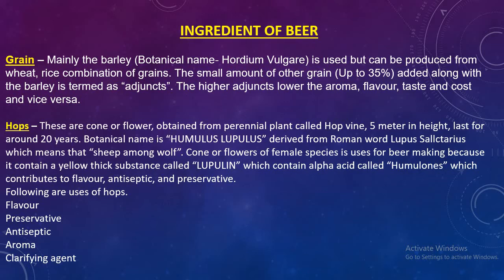It contains alpha acids called humulones, which contribute to flavor, antiseptic and preservative qualities. This yellow thick substance is the main thing which gives the beer that typical bitter taste.